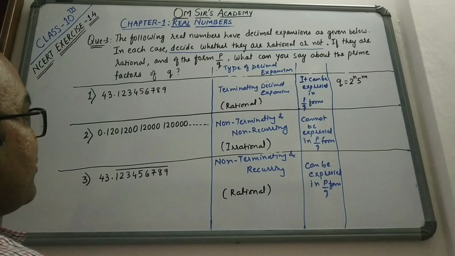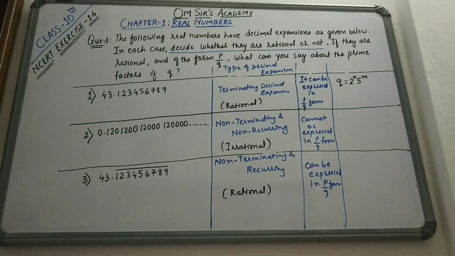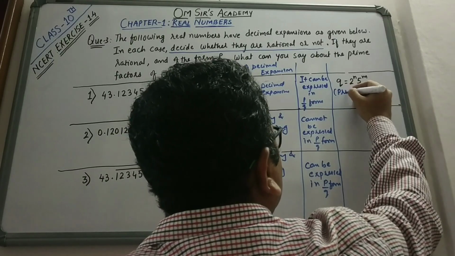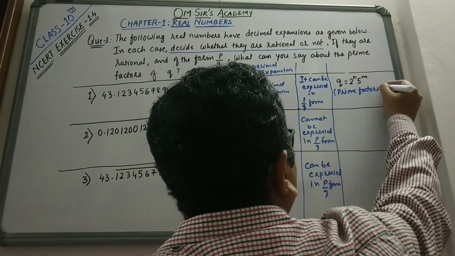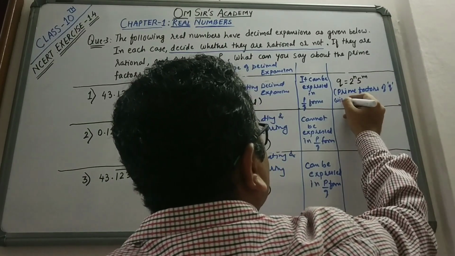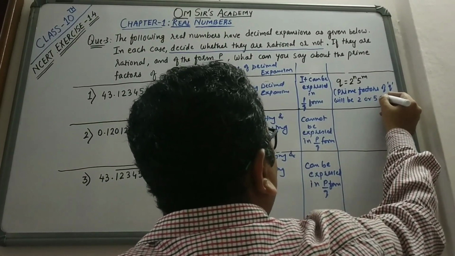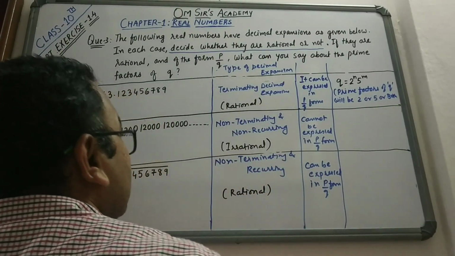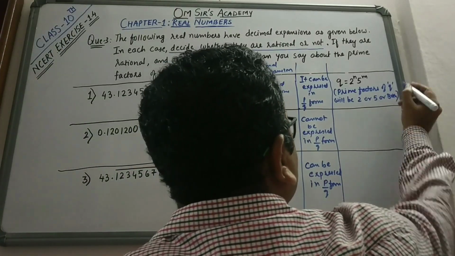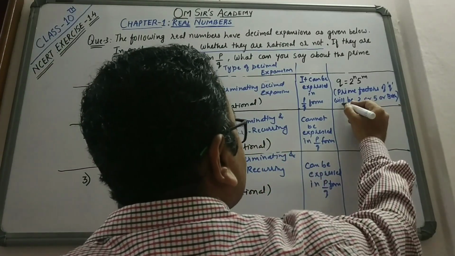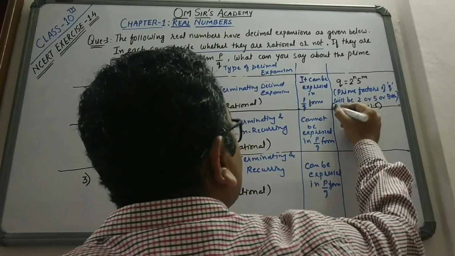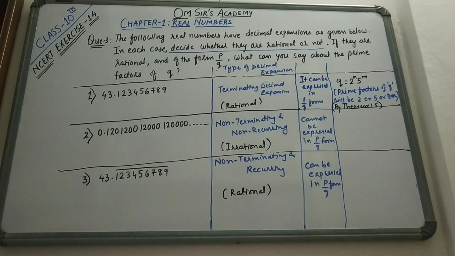Okay, so the prime factors of Q will be 2 or 5 or both. It can be both also. Okay, by which theorem can we prove this? So we know theorem number 1.5. By theorem 1.5, we can prove this.